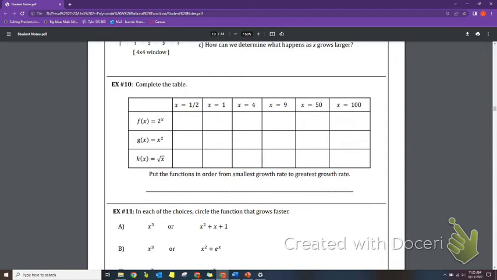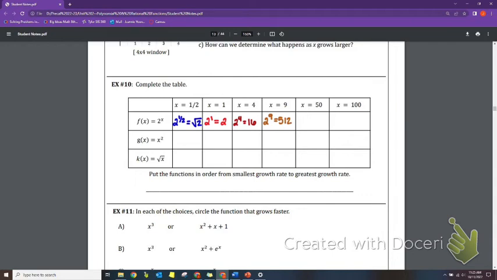So working on f of x, when I plug in x is 1/2, that's 2 to the 1/2, which is the same thing as the square root of 2. When I plug in x is 1, I get 2 to the 1st, which is just 2. When I plug in x is 4, I get 2 to the 4th, which is 16. When I plug in x is 9, I get 2 to the 9th, which is 512.